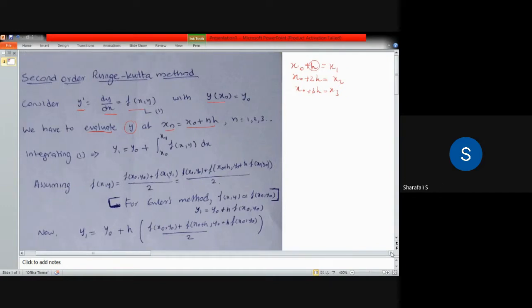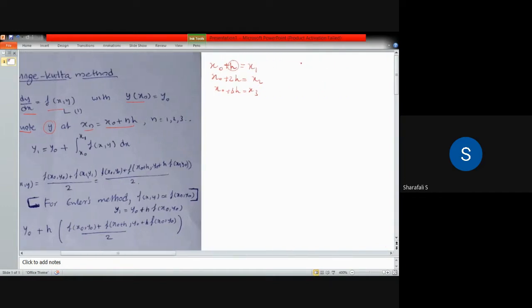In this, we are considering that the function is varying like this. So these are your x values, and your function is something like this, and the starting point of this function is at x0. If you want to get the next x value, for better view, I will consider x1 here. Then you have x2 and x3 somewhere here, and so on.